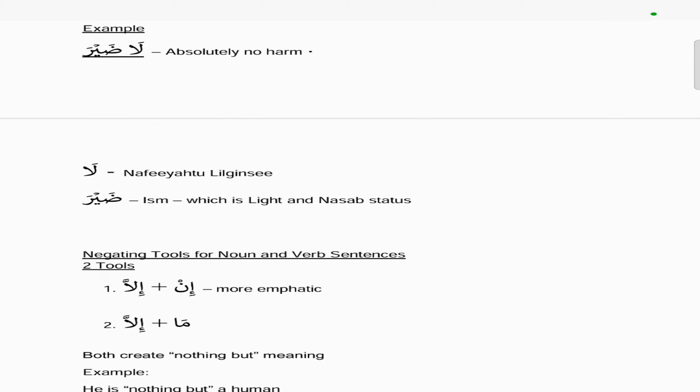An example would be la daira, which means there is absolutely no harm. The lam is nafit lil jins, and we know this because of the daira. If you look at the ism daira, it's light, so it's not heavy. Otherwise it would be dairan. It's in nasab status as well. So when the ism is light, in nasab status, and has a lam in front of it, then it's nafit lil jins.